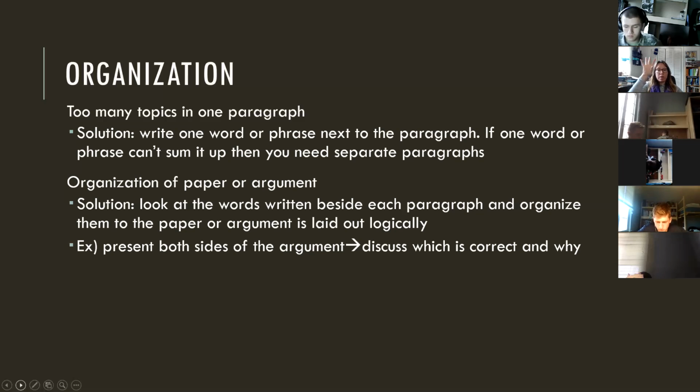So you're going to start with either the retentionist argument and then go into abolitionist. What you should not be doing is presenting two abolitionist arguments and then a retentionist and then an abolitionist, right? We want to make sure we're grouping them together. So you could do your abolitionist, then your retentionist, then a paragraph on which is correct and then why, if that makes sense.